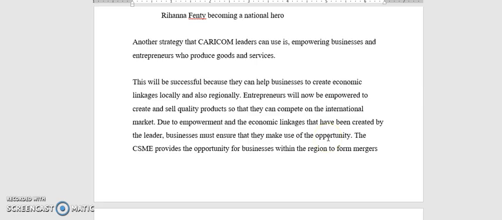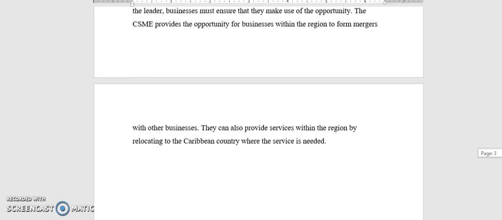The CSME provides opportunity for businesses within the region to form mergers with other businesses, right? They can also provide services within the region by locating to the Caribbean country where the service is needed. So if you are an entrepreneur in Trinidad and Tobago, you could take your business to St. Kitts or to Jamaica if it is needed there, right?